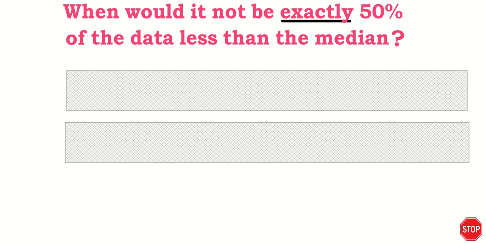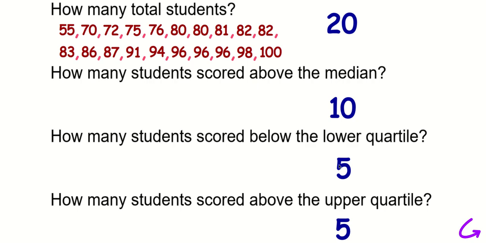But to finish off part 2 here, I want you to think about this for a second. Maybe pause the video to think: when would it not be exactly 50% of the data, say, less than the median? We could also carry that question over to saying, when is it not going to be exactly 50% that scores less than or greater than the median?